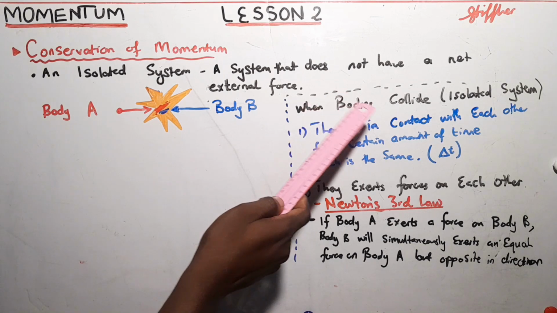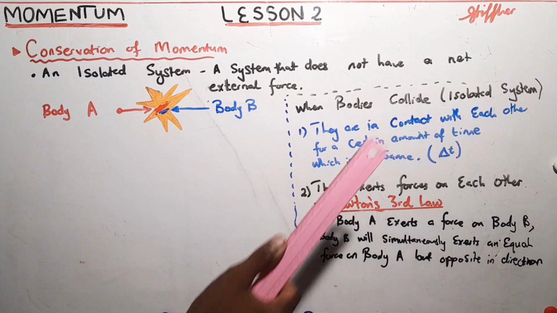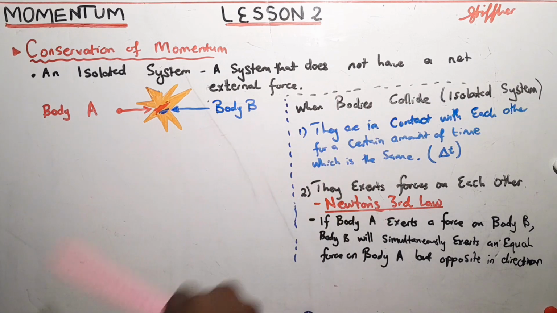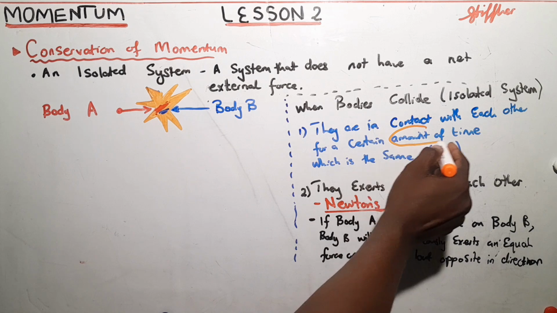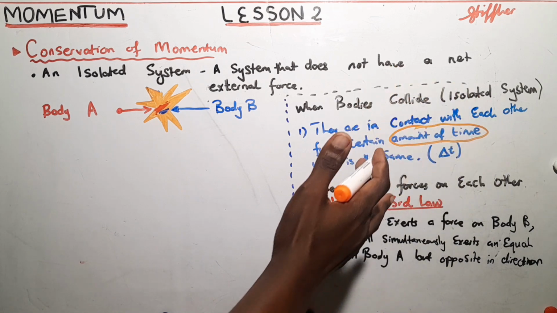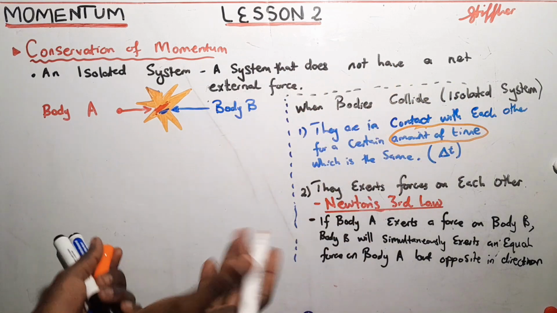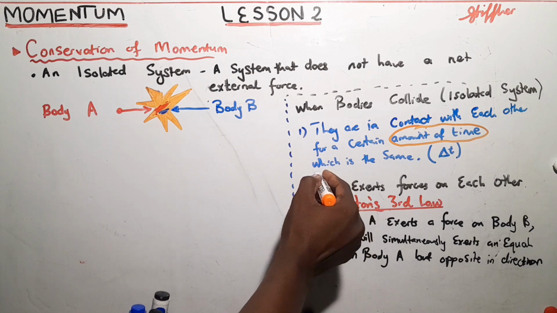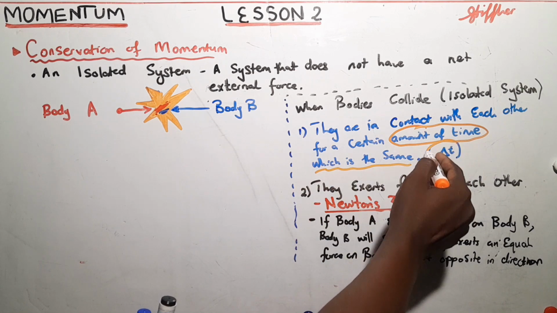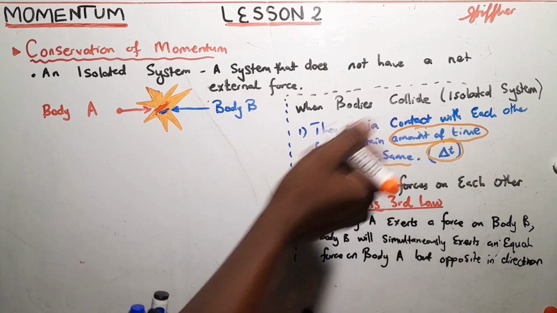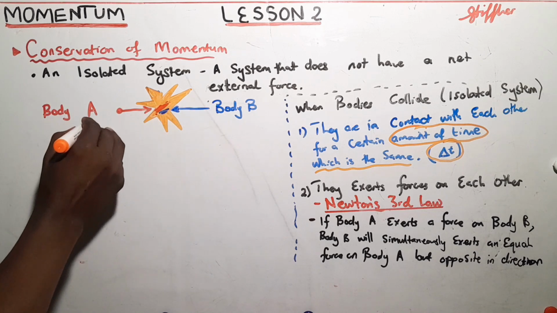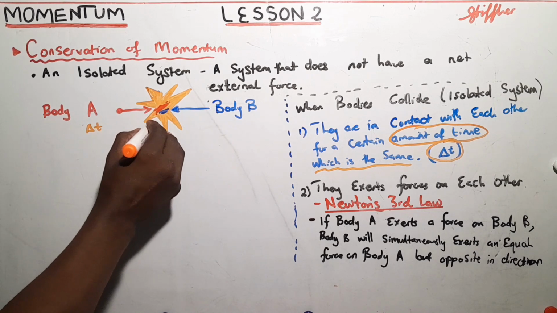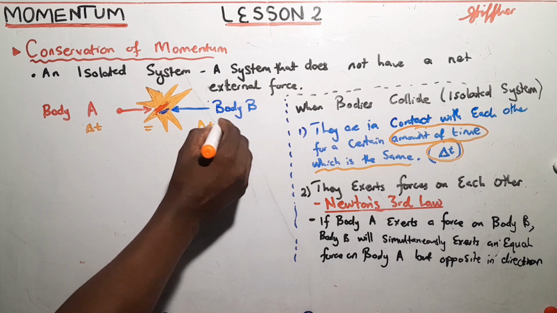When bodies collide in an isolated system, they are in contact with each other for a certain amount of time, which is the same. So the time of contact between this and that will be the same.